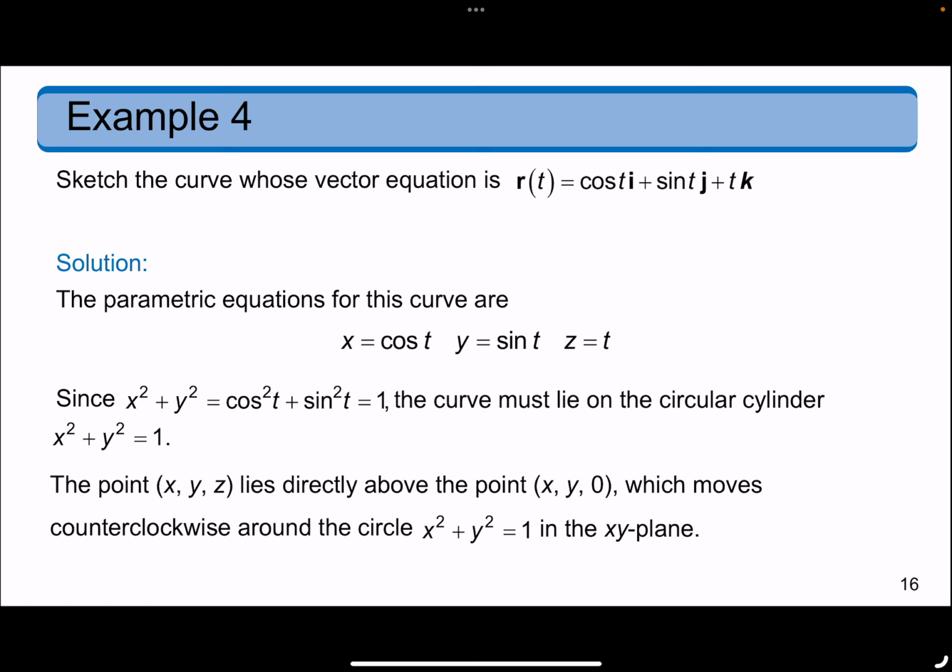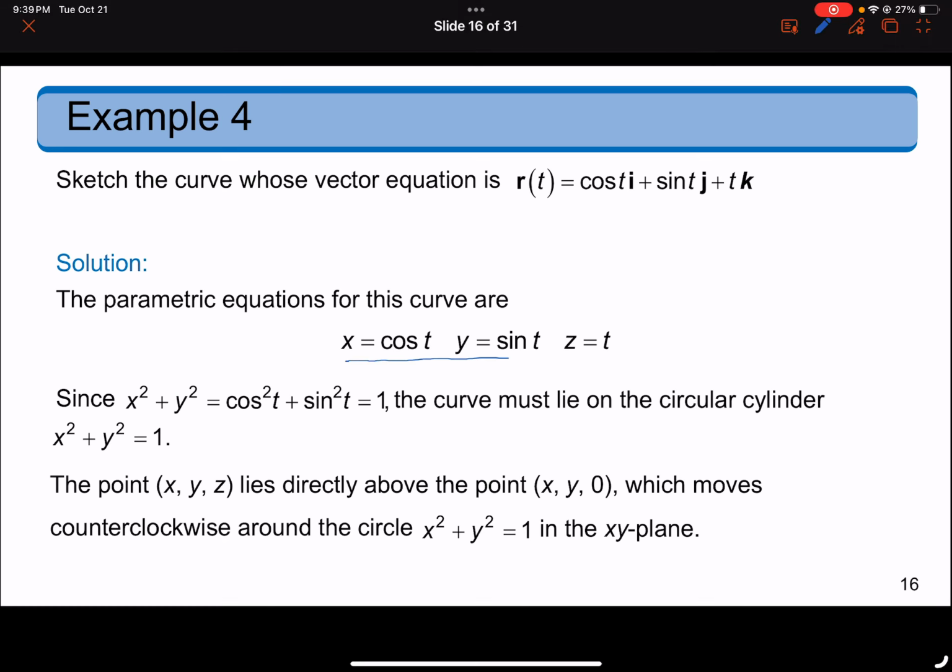The first two components can be combined using the Pythagorean relation cosine squared theta plus sine squared theta equal to 1. So with this, we can say that x squared plus y squared is equal to 1.